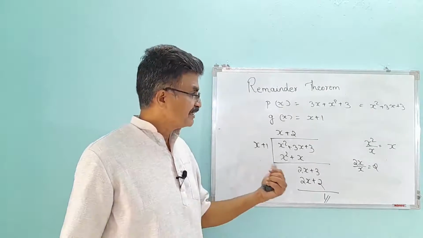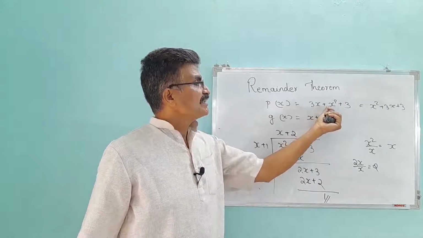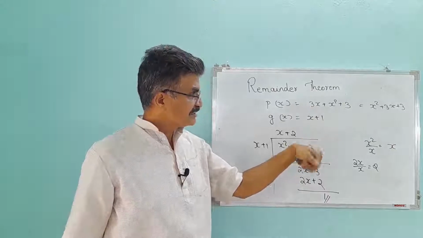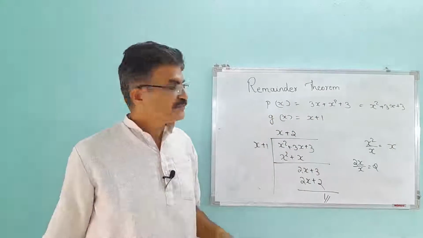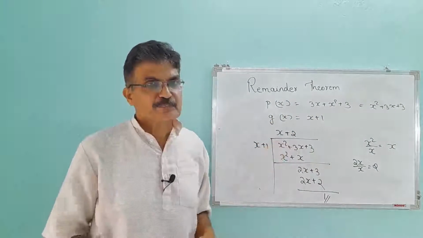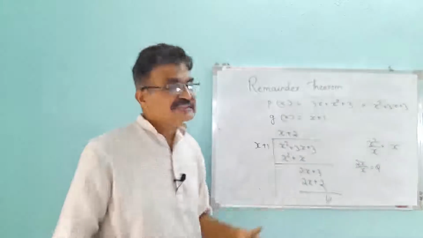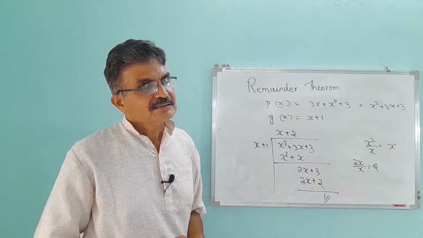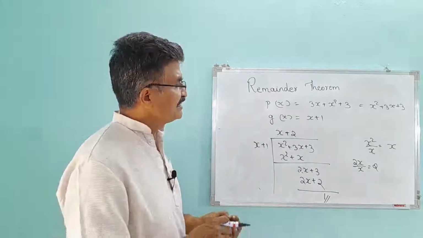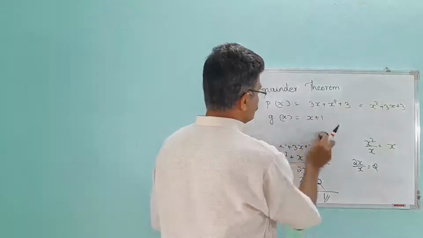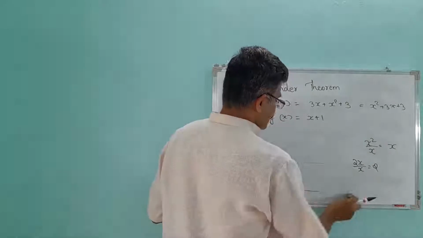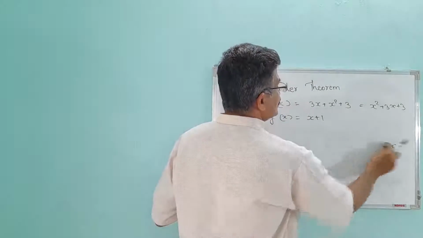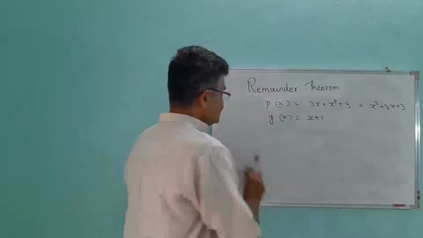That is why when we divide x square plus 3x plus 3 by x plus 1, we get the quotient as x plus 2 and the remainder as 1. So we can write it in standard form.